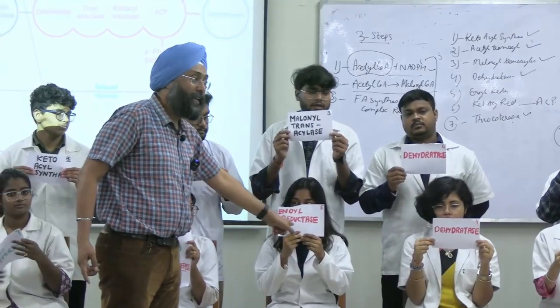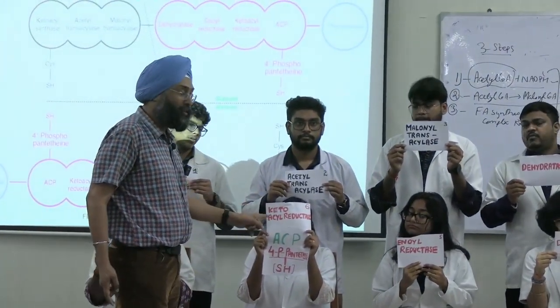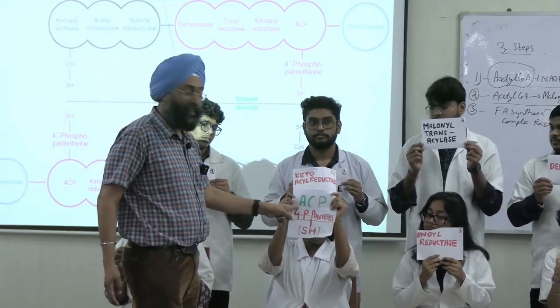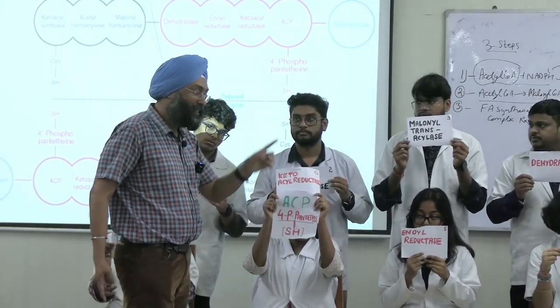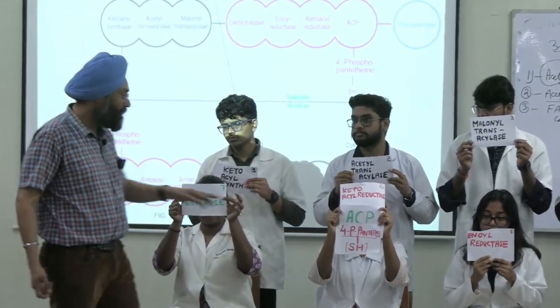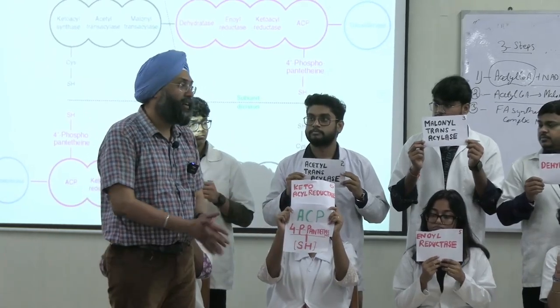Then enol reductase, enol, and relief. Then this enol was stolen by kitties, ketosyl reductase, handed over to the ACP of police, and police handed over to lockup Thane, thioesterase, and this ACP is attached to 4-phosphopantetheine and a sulfhydryl group.